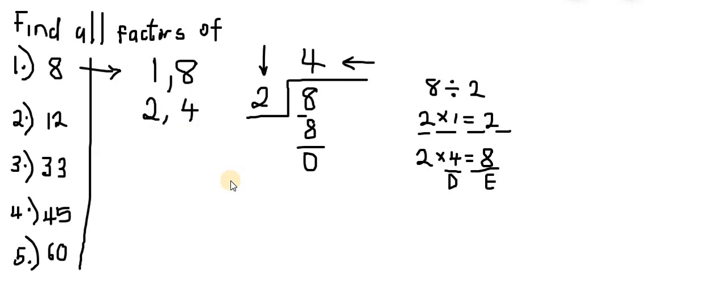Now, for smaller numbers, you can do what I'm about to recommend, but you can't do it for much larger numbers. If you do not trust that only 1, 8, 2, and 4 are factors of 8, factors of 8 are between 1 and 8.